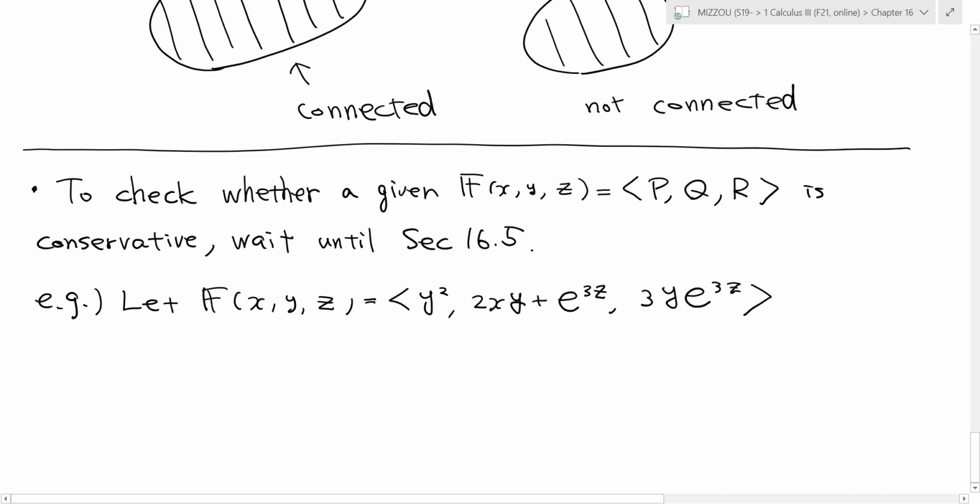Let me make sure I copy the problem correctly. Okay, and this is conservative. For the sake of this particular problem, you don't have to show this. This is conservative.